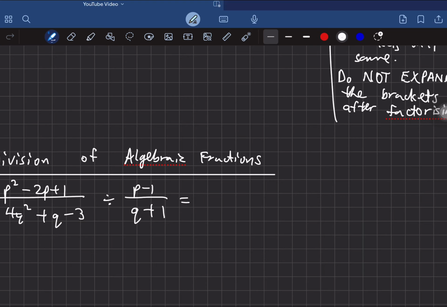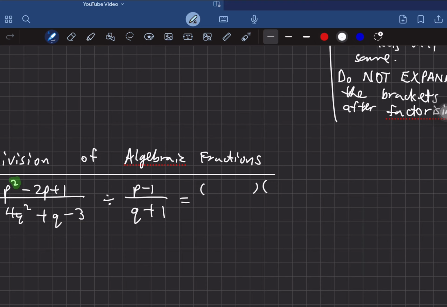And at the same time, we will factorize those numerators or denominators whereby there are more than one term. So we can see the first fraction numerator, p squared minus 2p plus 1, there's 3 terms. So we can factorize into how many brackets? Into the highest power of the p, which is 2 brackets. So I have 2 brackets.